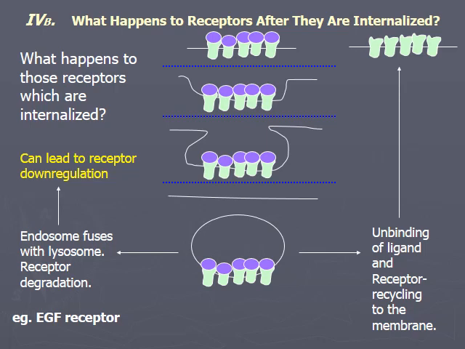But if you have just a small interval of time that goes by and the tissue responds again, you have recycling and desensitization. So do you feel good with the difference between desensitization and downregulation?